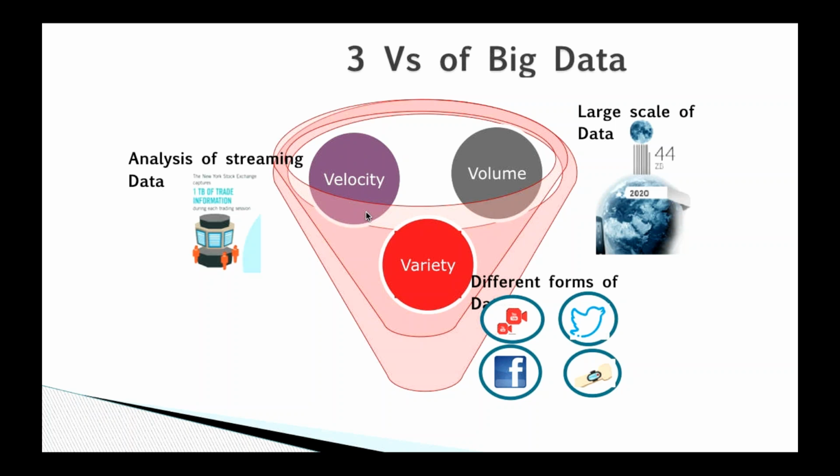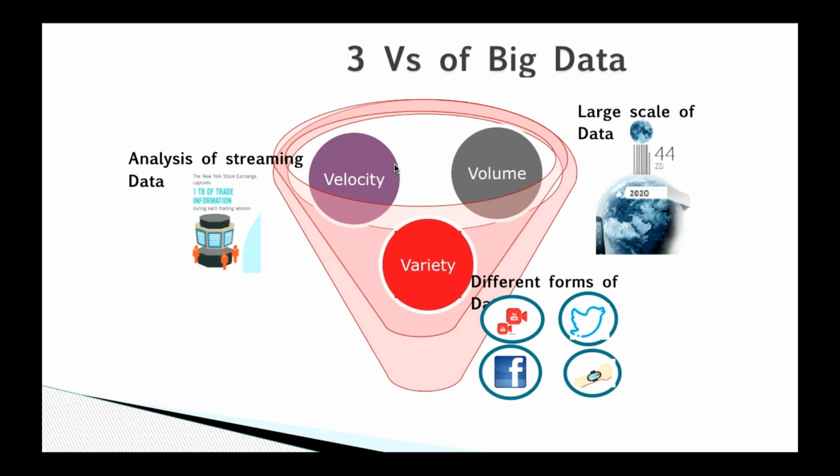We have to deal with the velocity, because if you send the discount mail the other day, by then the customer must have bought from some other place. So you have to be very quick in analyzing the streaming data. In real time you have to do the analysis and give the results. The data is coming into the system with huge velocity, and you have to analyze it and give the results.